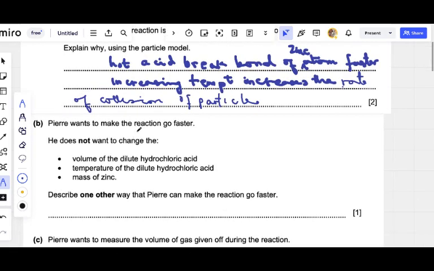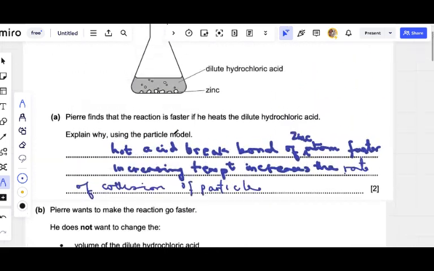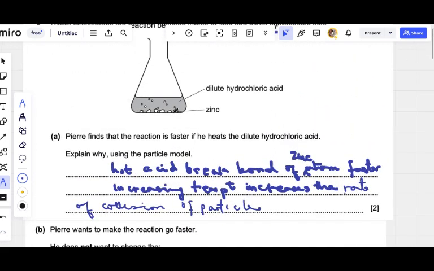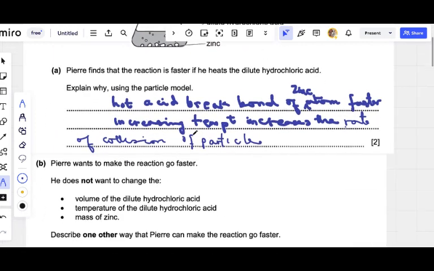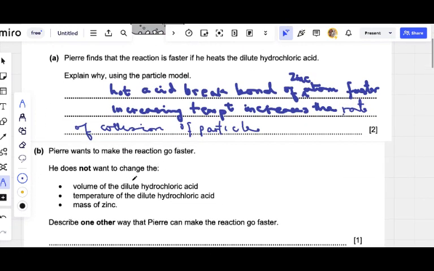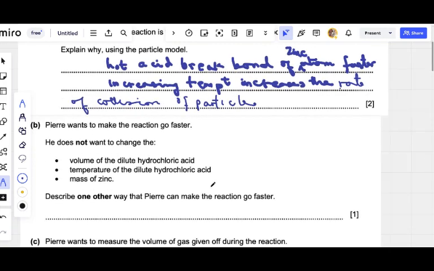Now Perry wants to make the reaction go faster. One of the things he can do is to put this in powder form. You break down the lump of zinc and put it in fast powder form. It will definitely increase the rate of reaction. He does not want to change the volume of the dilute hydrochloric acid, meaning he doesn't want to reduce or increase the acid.